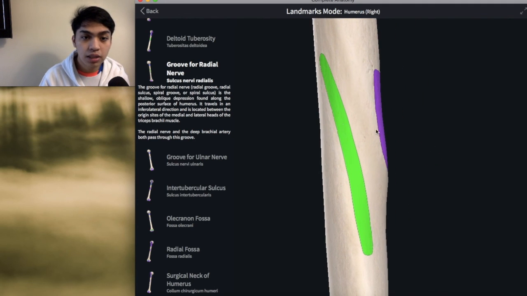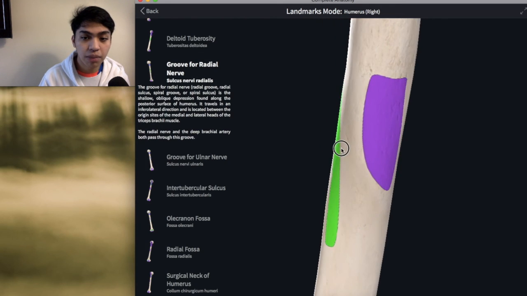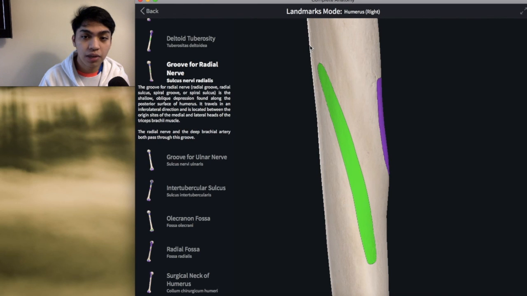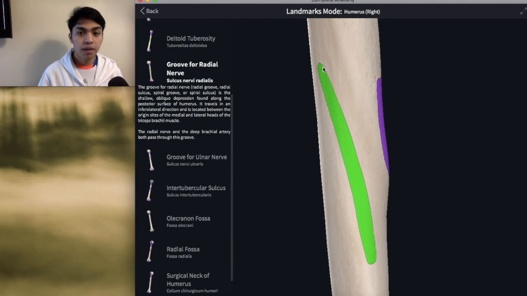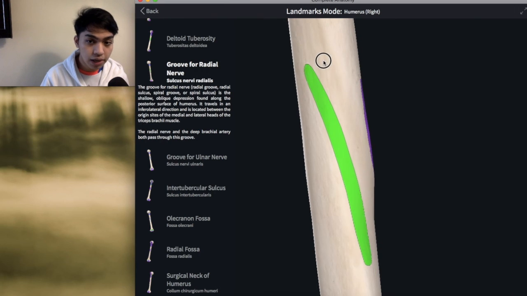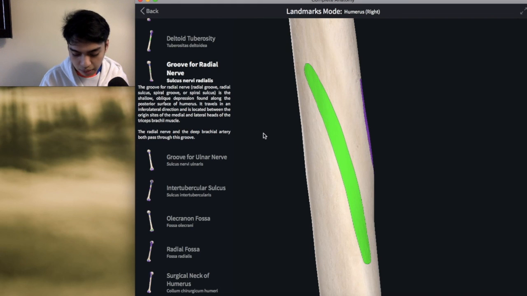It is also described here as shallow because it only provides the passage for the radial nerve as well as the deep brachial artery. Please take note, the deep brachial artery is also called the profunda brachii artery.